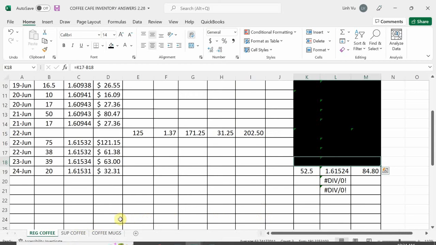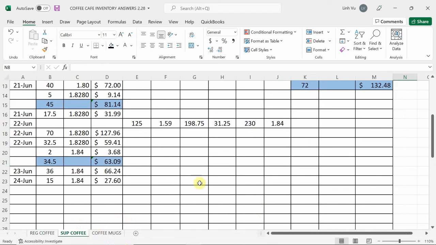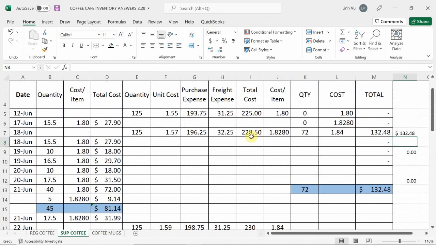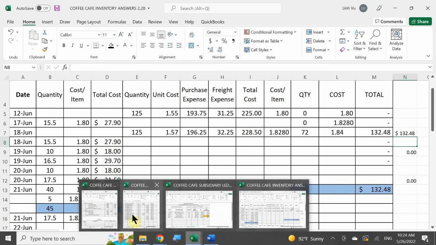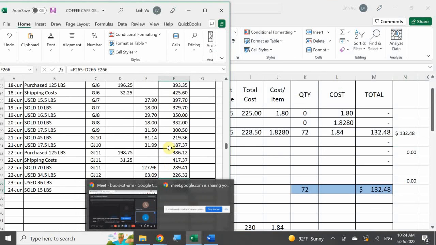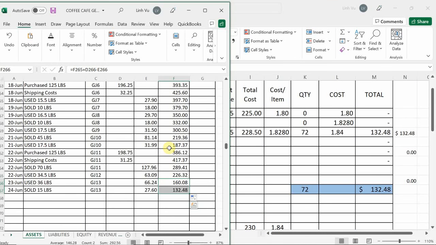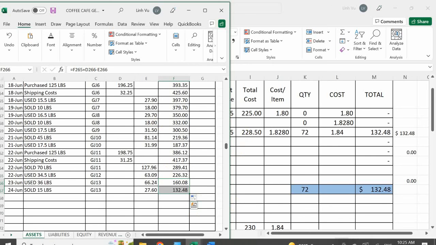And let's see, is that correct? 132.48. Did I say 48? 132.40. Yep. Okay, so my inventories match my ledger.